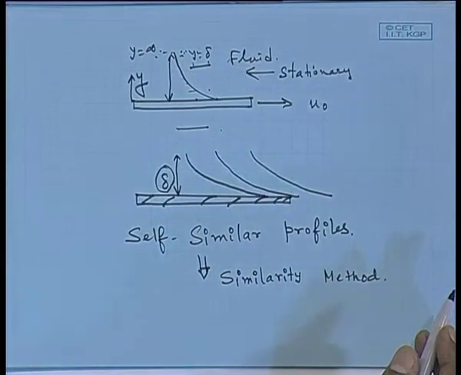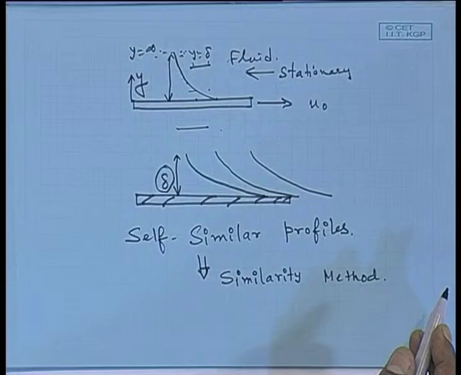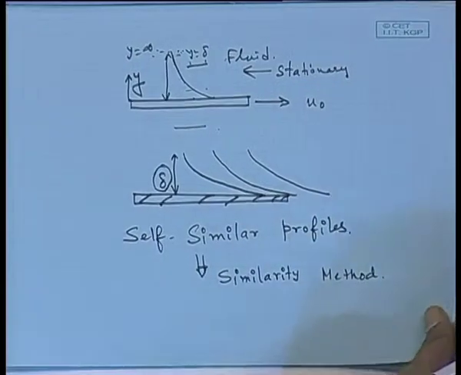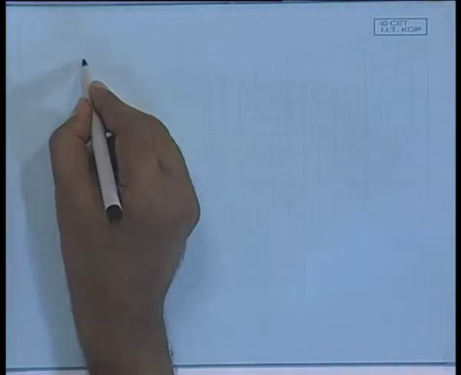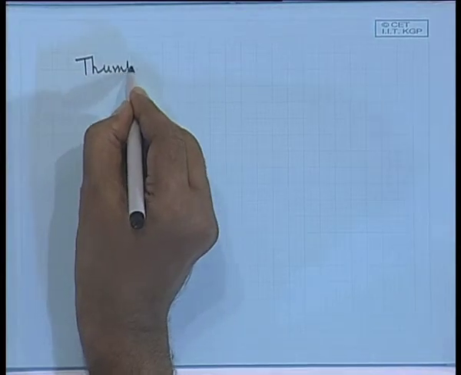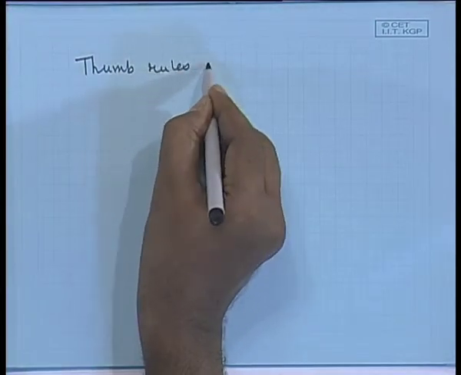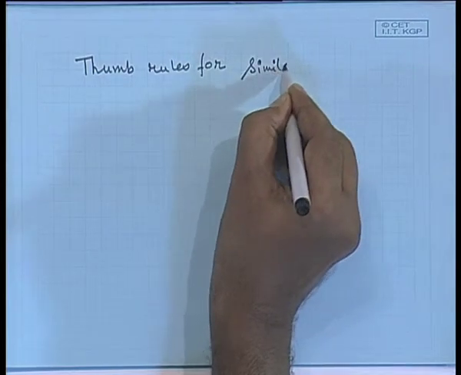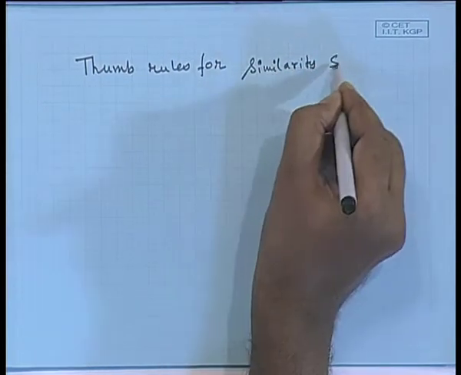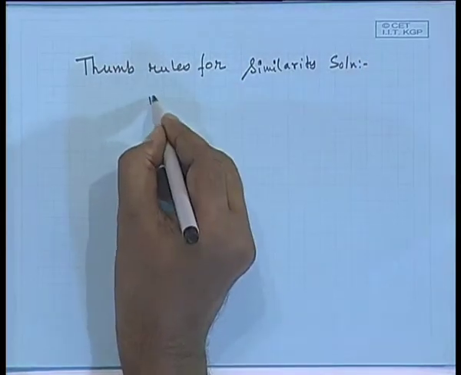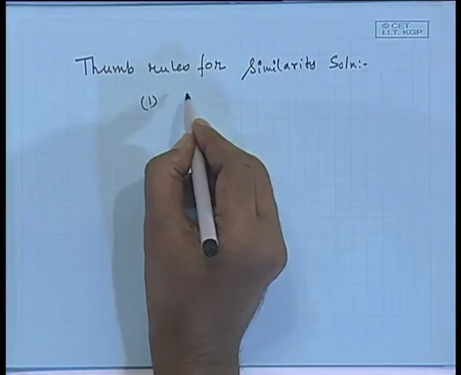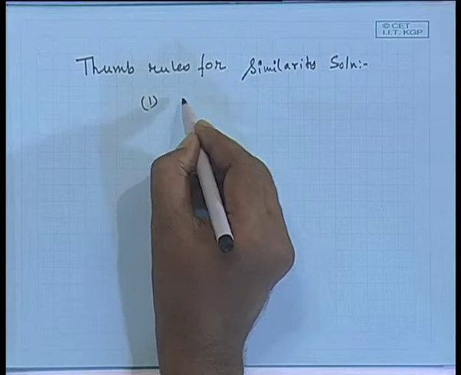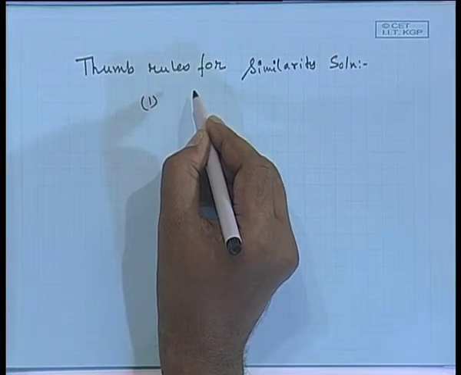Now, there are two thumb rules to tell whether a problem will admit a similarity solution or not. The thumb rules are: first one is that the governing equation must be a parabolic partial differential equation.